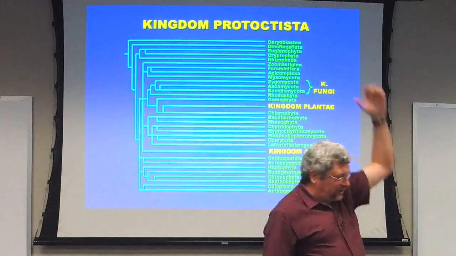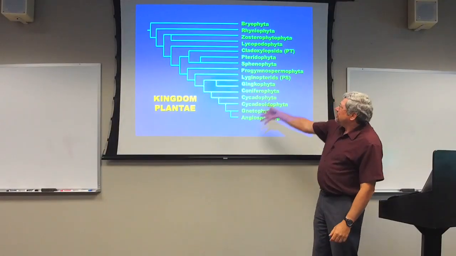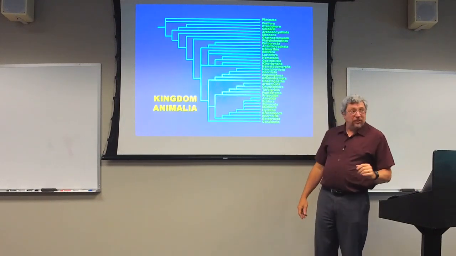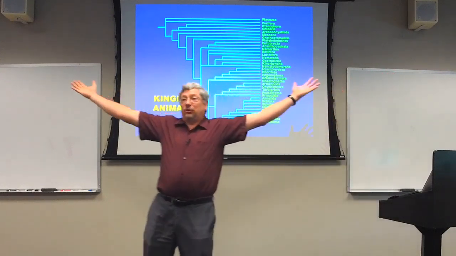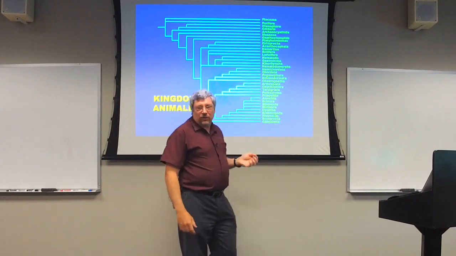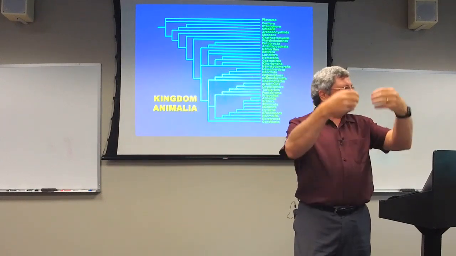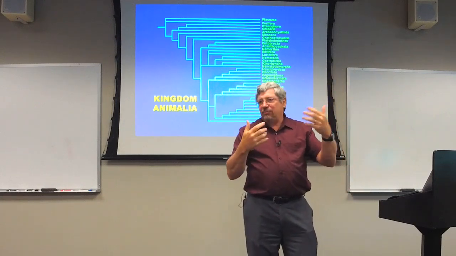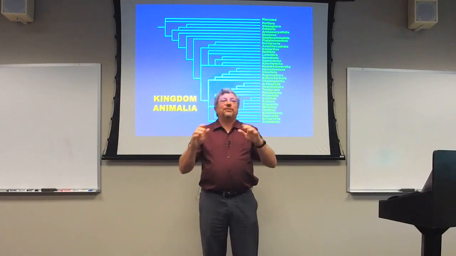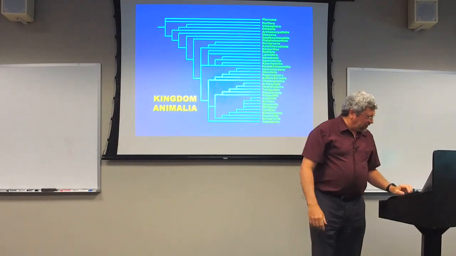You just can't put it on one. Well, I could, but it's hard enough to read as it is. And here's the plant groups, and then the animal groups. So think of all those things onto one big tree. It's one big tree. And this is only bringing it down to orders. So this is the kingdoms, the phyla, divisions in the plants, and the classes and the orders. So we're not talking about the families and the genera, just down to the level of orders.